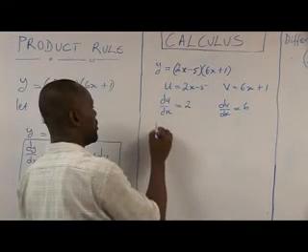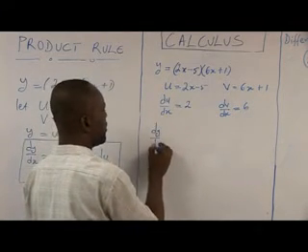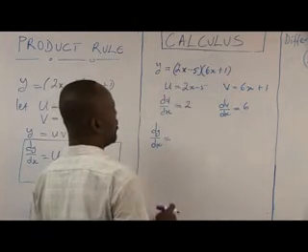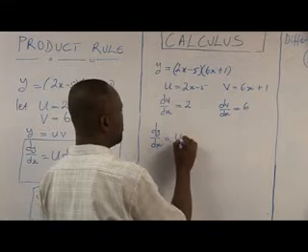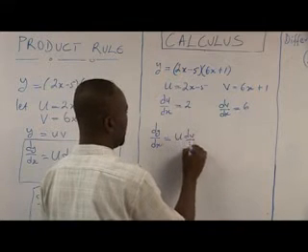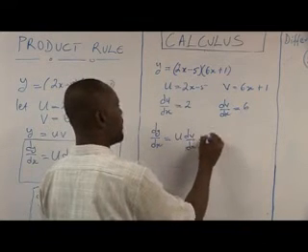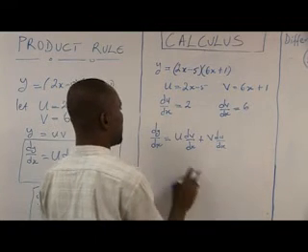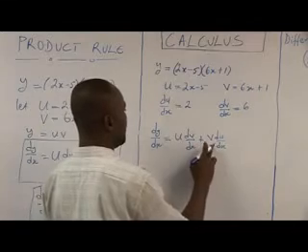Remember our rule, the dy dx, when you have a product, y equals u times v, will give us what? u dv dx plus v du dx. As I said, I can write it as u dv plus v du.